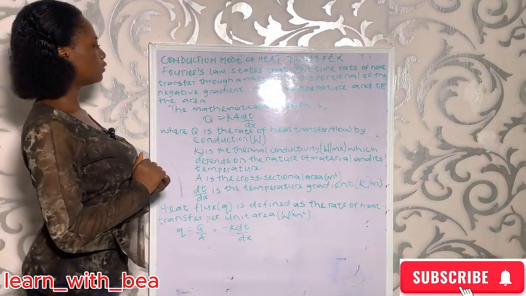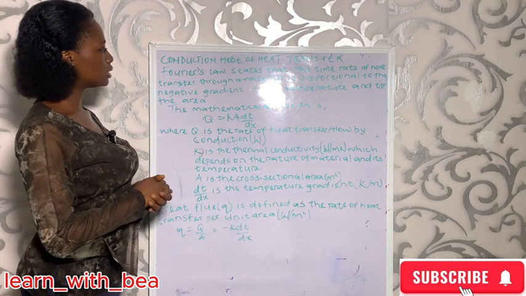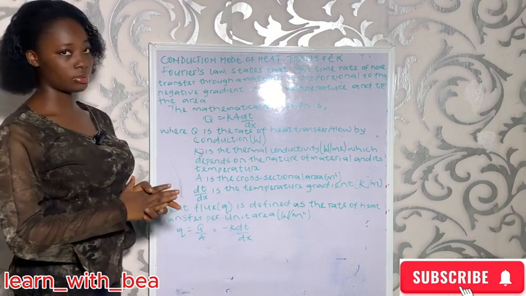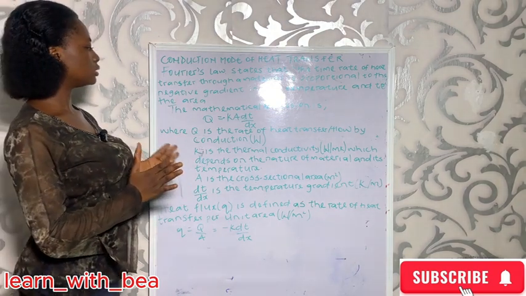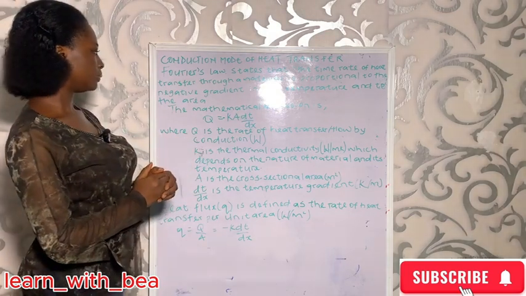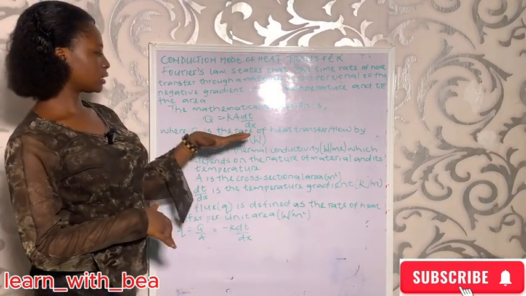And what does our Fourier law state? It states that the time rate of heat transfer through a material is proportional to the negative gradient in the temperature and the area. So the mathematical expression is this.